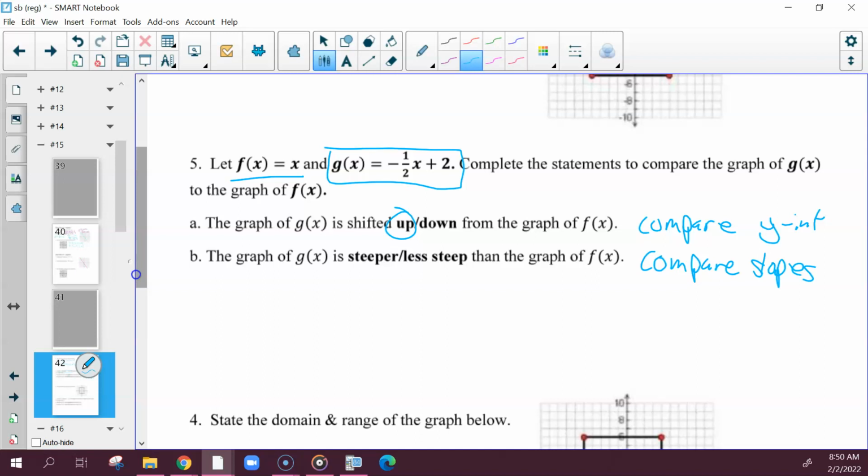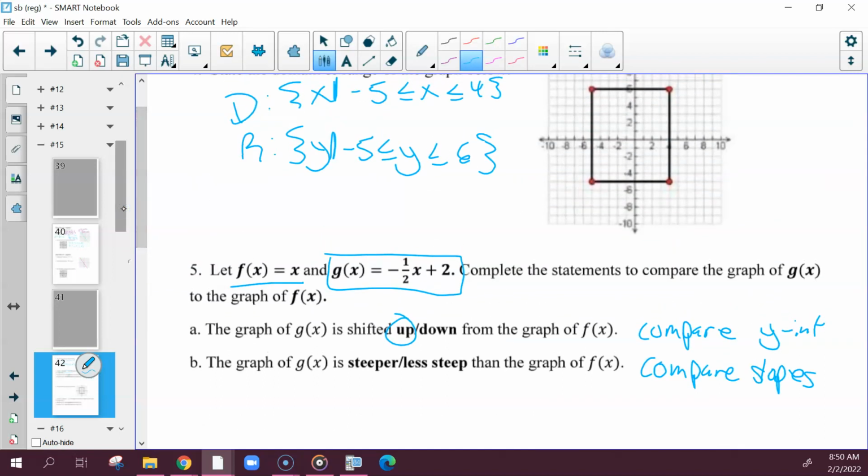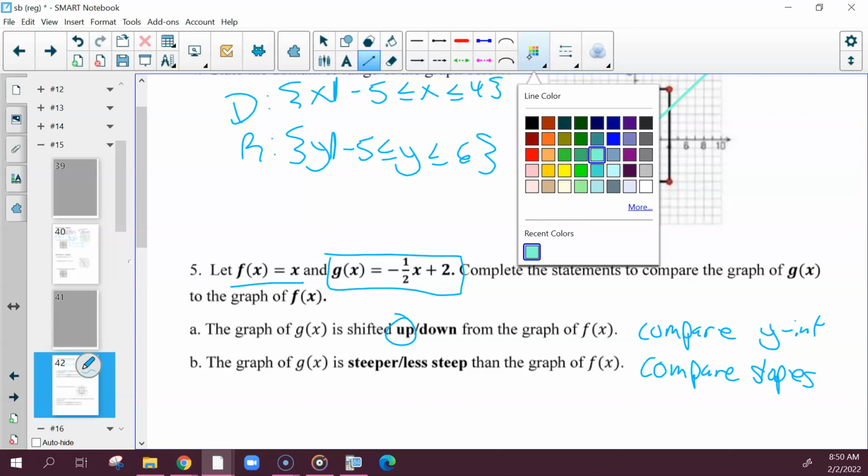You can think about it like this. You could actually graph this if you wanted to. F of x is going to be some line that looks like this, directly through the middle, slope of 1. And then this one is going to look something like this.